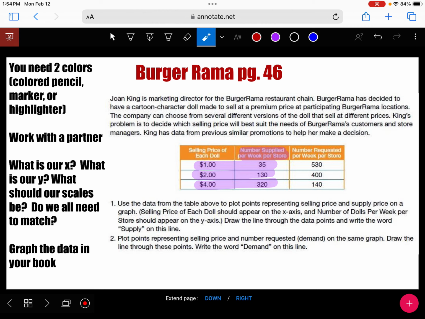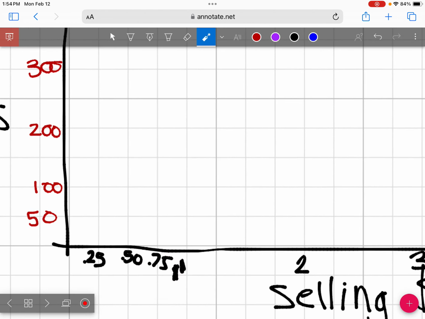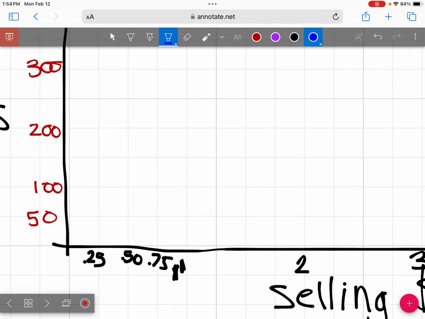So I'm going to use these to make XY points. So when the doll is $1, each store got 35. So when we go to our graph, we go to our $1, and we're going to put a point at about 35 dolls. We are estimating, we're getting it close as we can. But we're going to put it right there at 35.